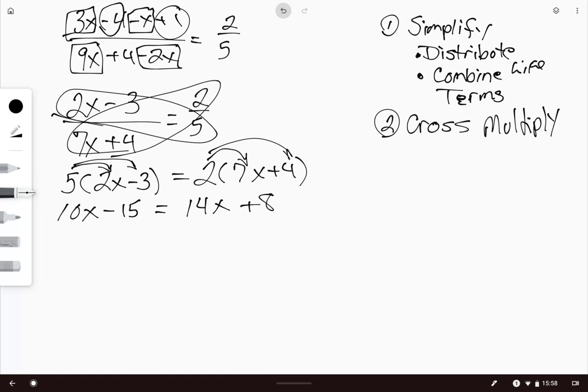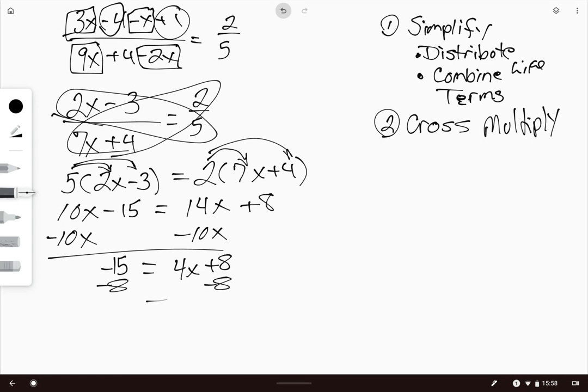So in order to keep a positive x coefficient, I'm going to move my smaller x term to my larger. That leaves me over here with the negative 15 equals 14x minus 10x, so that's going to be 4x plus 8. Subtract 8 from both sides.